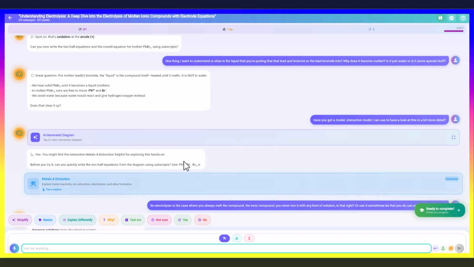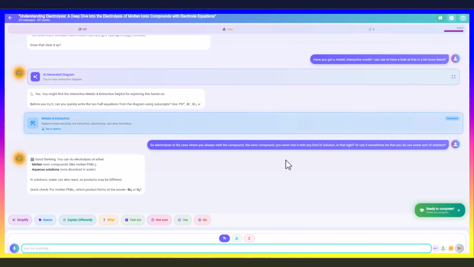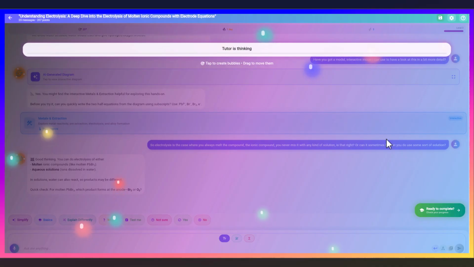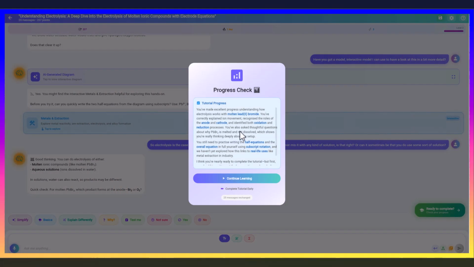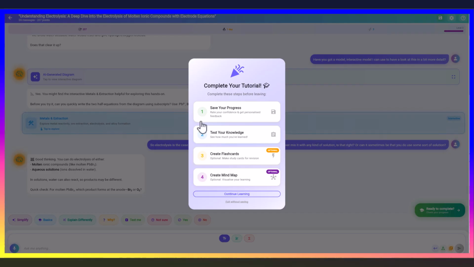We've gone through those equations, you don't need to see me writing those. Anytime the AI thinks you're getting there, you can have a quick check and it runs the progress check again. If it thinks you have finished, this actually becomes easier to click, but I can click it. What I'm going to do is test my knowledge.